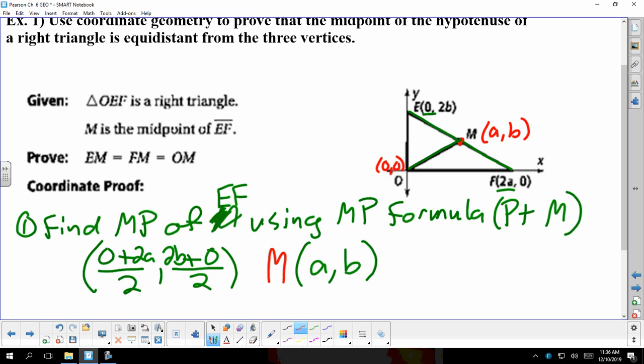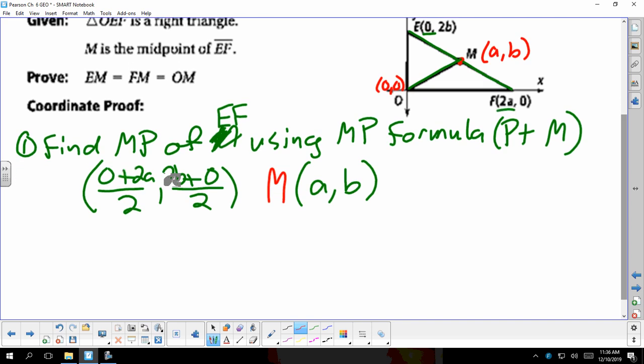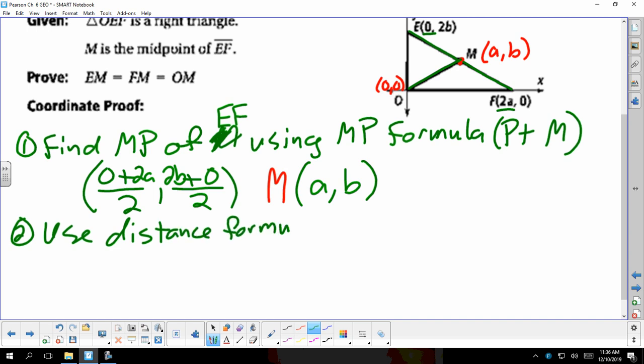So what I'm going to do next is use the distance formula to find EM, FM, and OM.